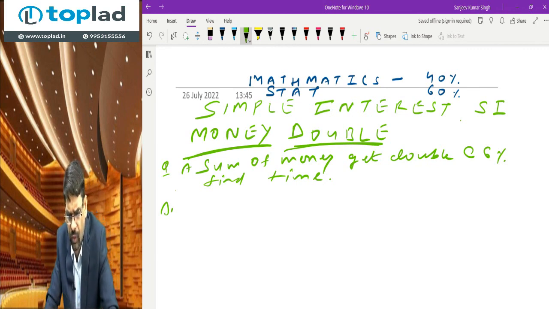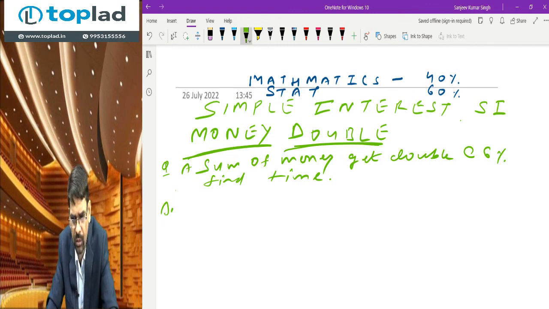I will give you 5 minutes for this question also. Take your time, remember the formula, use the formula, do it in proper steps. At examination time, you can solve this question on a calculator, but at the time of studying the concept for the first time, you have to write each and every step into your notebook so that you can remember.